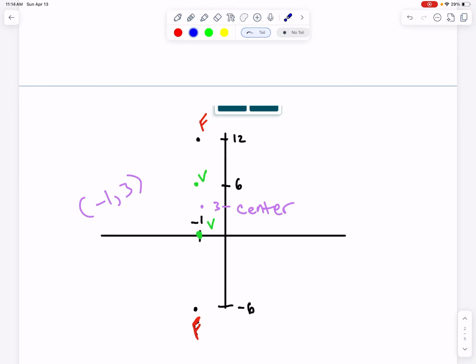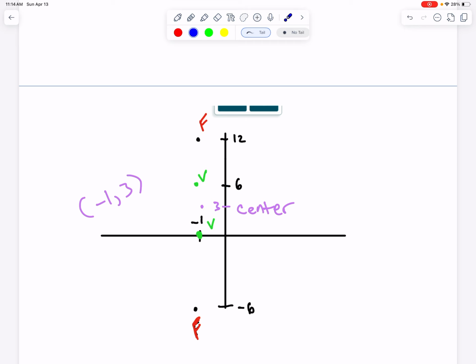we find that the y component of the center is going to be 3. The reason that's true is if this value is at 0 and this value is 6, the center is what's in between. So if you take 6 plus 0 divided by 2, that gives you 3. It's also pretty obvious that if you halve 6, you get 3, so it makes it really nice and easy.